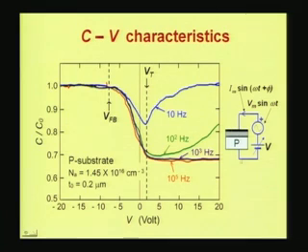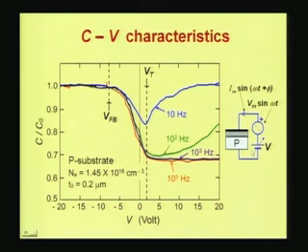If it is a purely capacitive structure, then the phase difference between this current and the voltage indicated by phi here would be 90 degrees. The omega here indicates the frequency of the small signal.